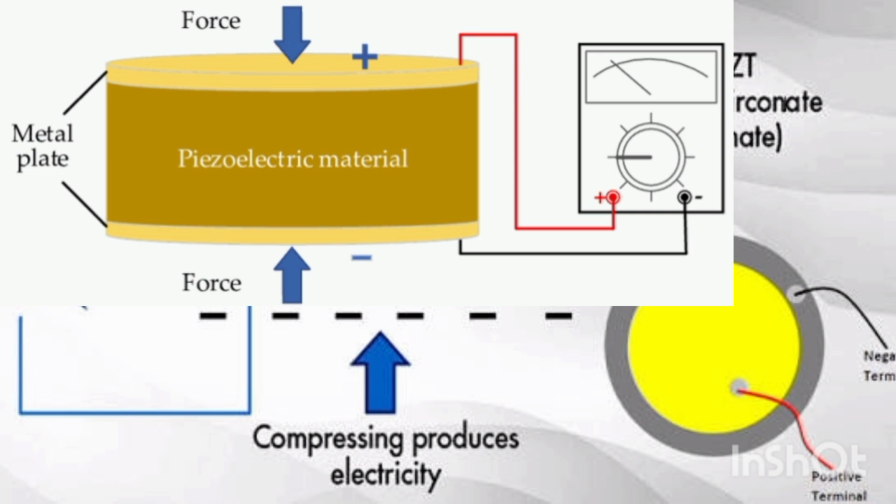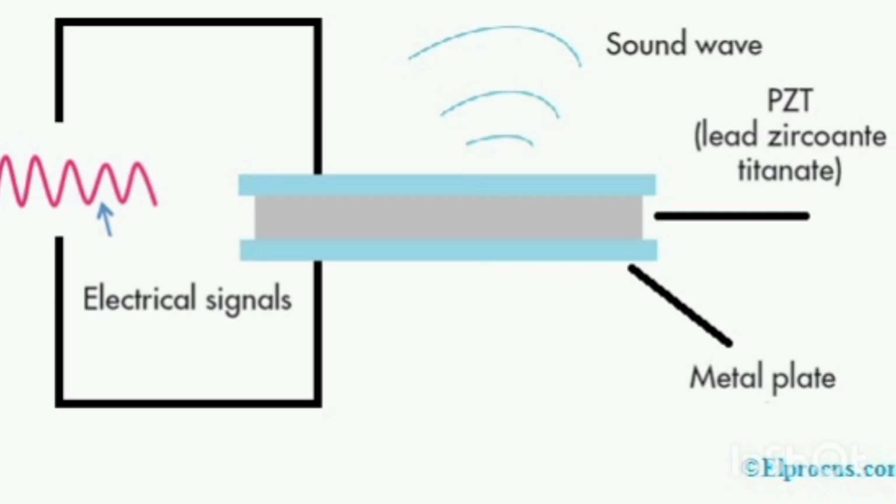Let's jump to the inverse piezoelectric effect. When we apply electricity, the material vibrates or changes shape. This is why piezoelectric materials are used in ultrasonic transducers, buzzers, and actuators.